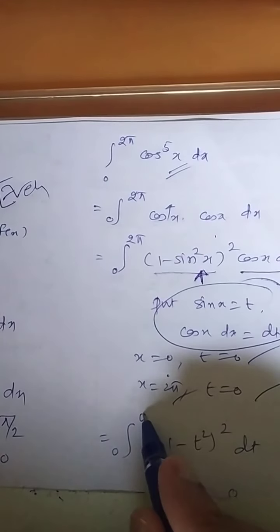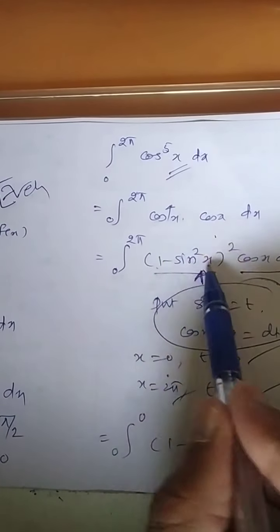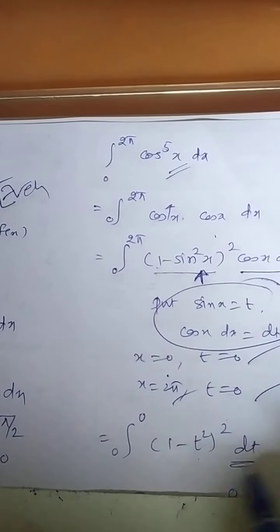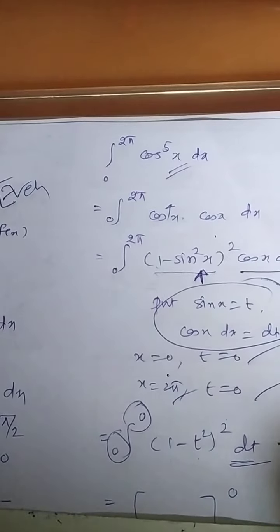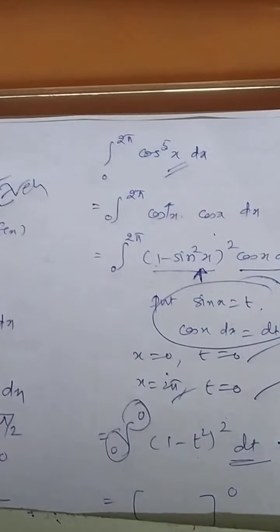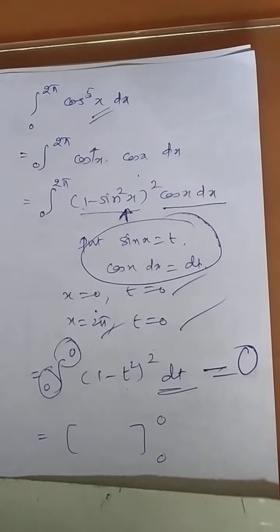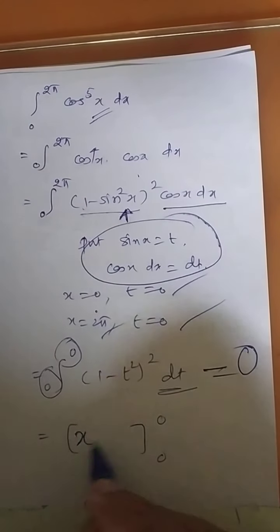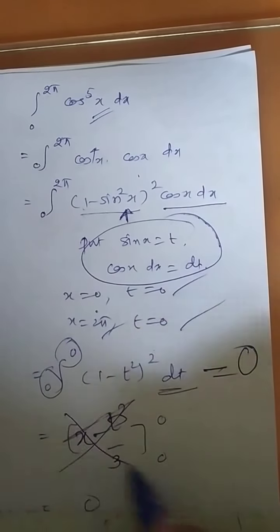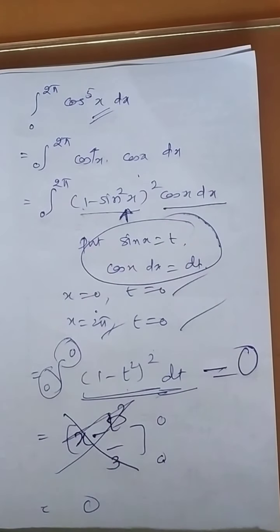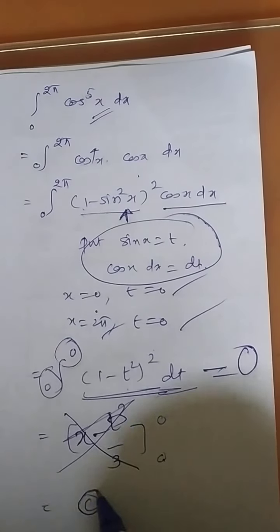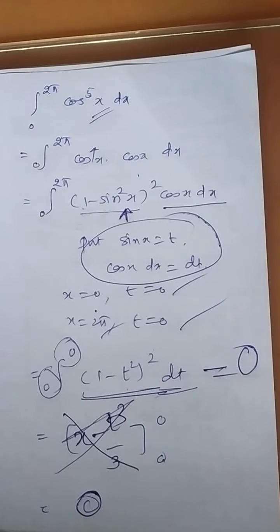So lower limit and upper limit will both be 0. This is nothing but the integral of 1 minus t square the whole square dt. If you notice this, its answer will always be 0. But if you want to see, you can try it. First you have to square it, and you will get the expression in terms of t, and then if you replace the lower limit 0 and upper limit 0, you will get the answer as 0.